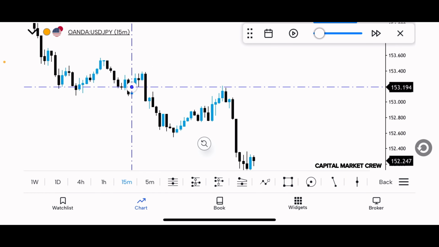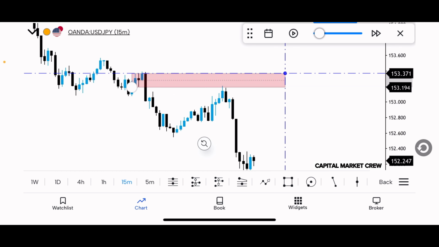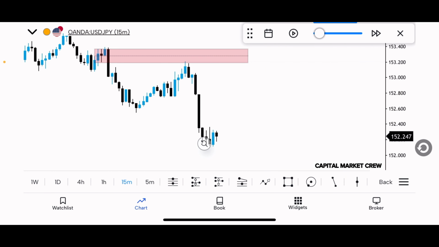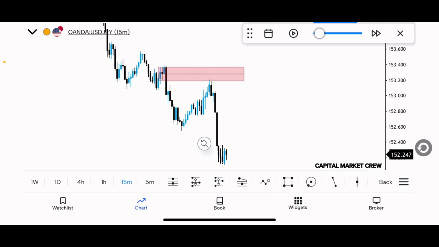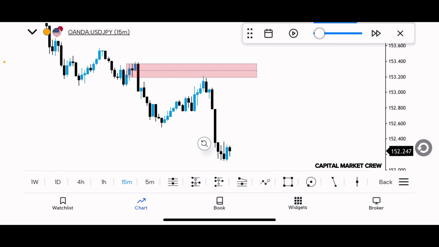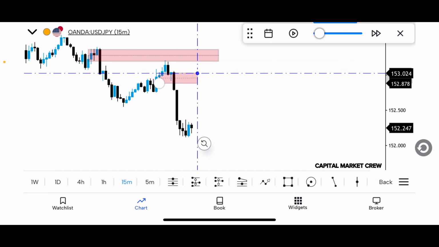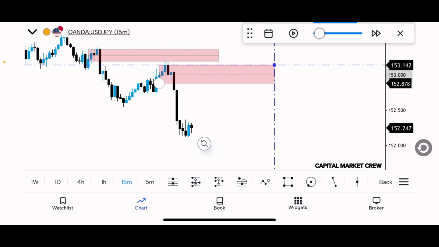Here is a good supply zone. This is a good supply zone here. See, supply zone here again. This is a supply zone here.